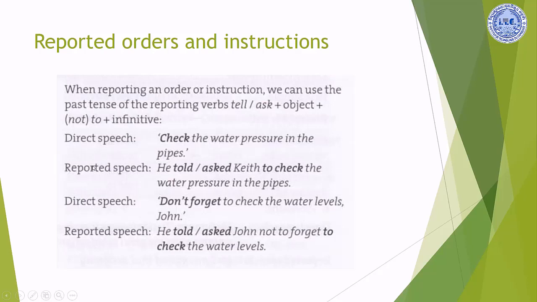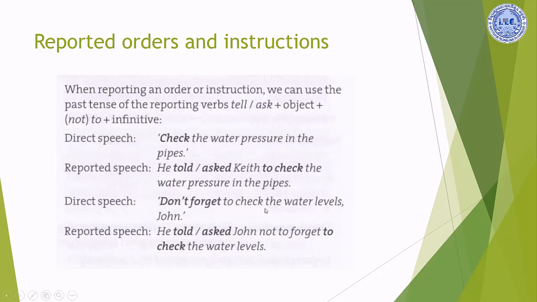So there are two examples here. First sentence, direct speech: check the water pressure in the pipes. So reported speech: he told or asked Kat, okay, Kat is an object according to the rule, to check the water pressure in the pipes. This one should have mentioned Kat, in order to know what is an object here. So moving on to the next one, direct speech: don't forget to check the water level, John.